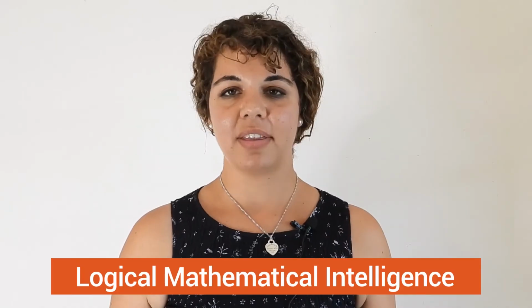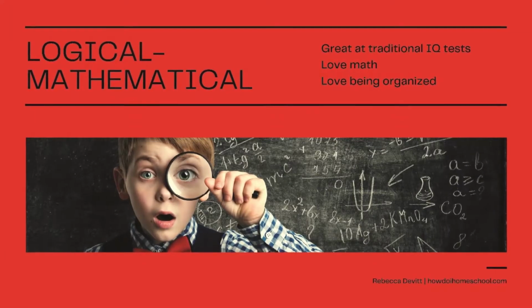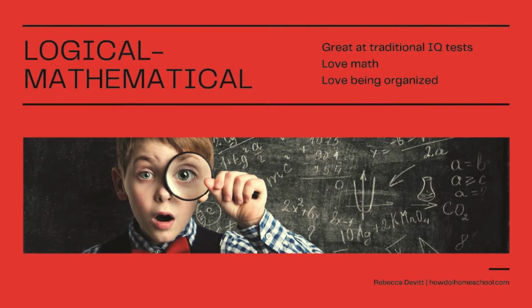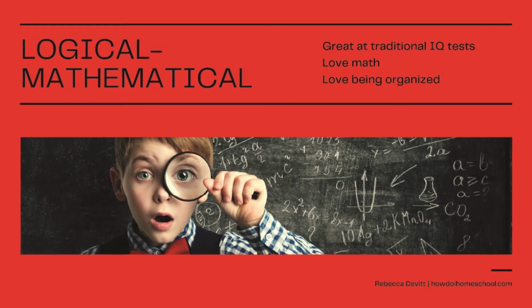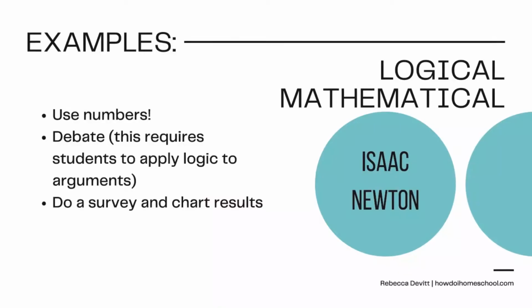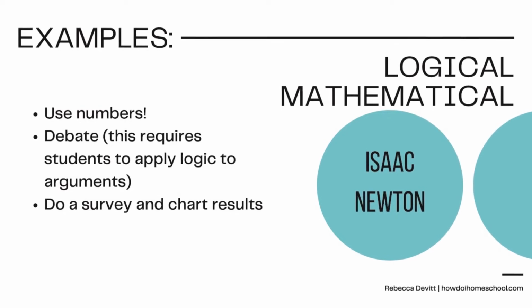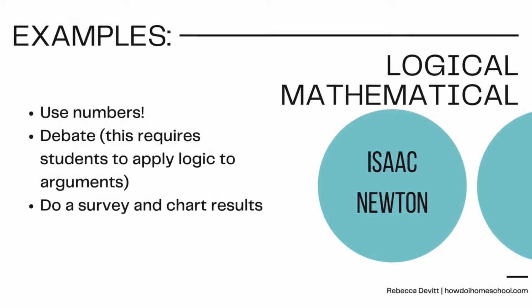To start with, there is logical, mathematical intelligence. People who are good at this tend to be very orderly. They tend to really like doing math. They tend to like constructing arguments based on logic and reason. A good example of this might be Sir Isaac Newton. He was very good with the scientific process.